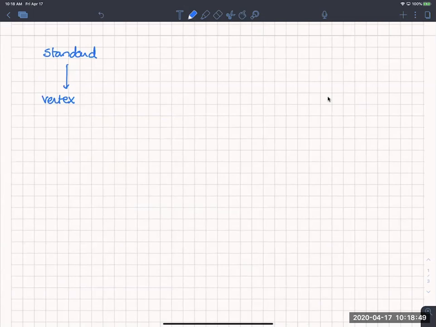Okay, so let's say I have an equation in vertex form, and I want to do it in standard form. Well, I'm going to square the binomial. When you square a binomial, if you remember from our discussions in class, there's two ways you can go about it.